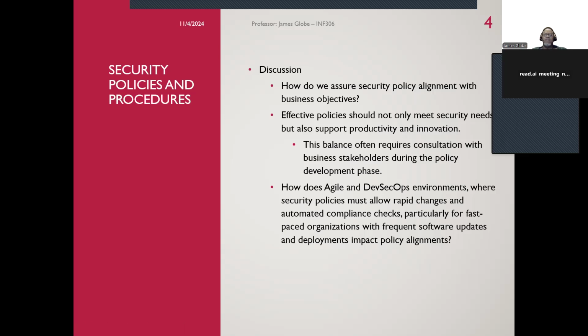Effective policy should not only meet security needs, but also support productivity and innovation. The balance often requires consultation with business stakeholders, such as your senior executives and your innovators. So it could be your engineers, your marketing reps, sales reps. So you need to have some balance in that you need to enforce regulatory requirements, but have some grassroots or bottoms-up input to ensure innovation is still happening at the same time.